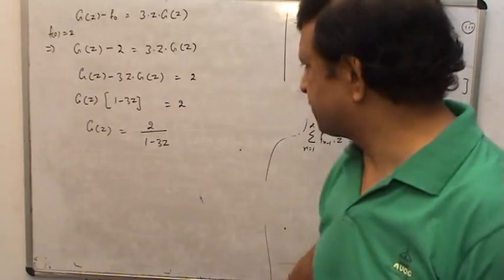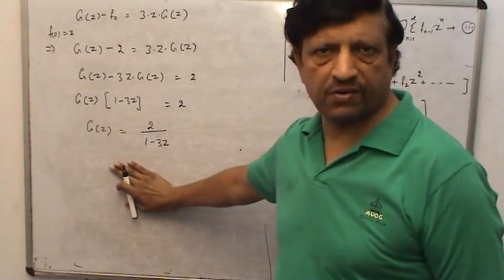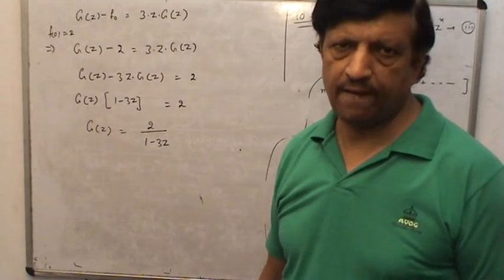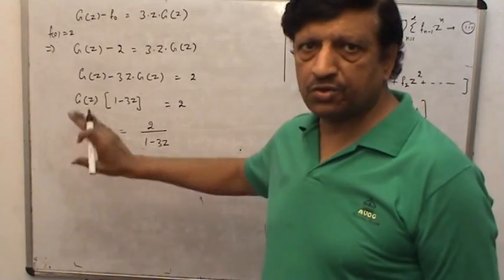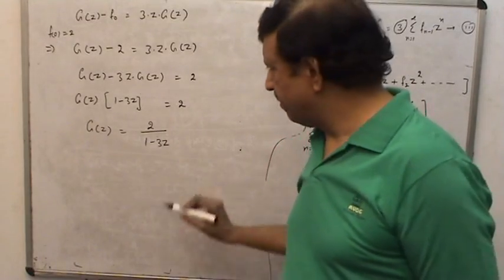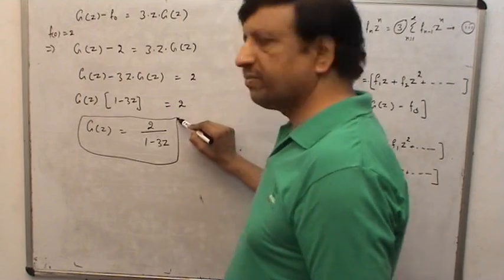This much we discussed in the previous sequence. It is the generating function for the given recurrence relation. But now we are interested in finding the solution of the recurrence relation by using the generating function. Then we will have to proceed further from this step.